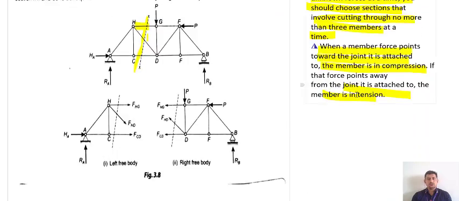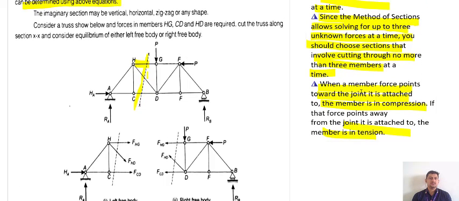Now in this example, consider the truss shown below. The forces in the members HG, CD and HD are required. So in that case, three forces of an intermediate section are asked. I have cut a section XX here.